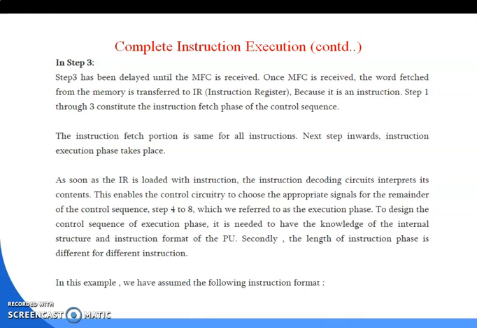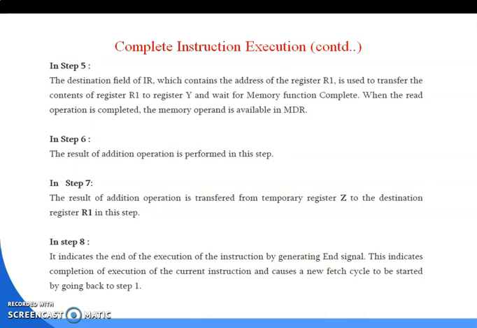In this example, we have assumed the following instruction format. In step 5, the destination field of the instruction register, which contains the address of register R1, is used to transfer the contents of register R1 to register Y, and wait again for MFC, or memory function complete.